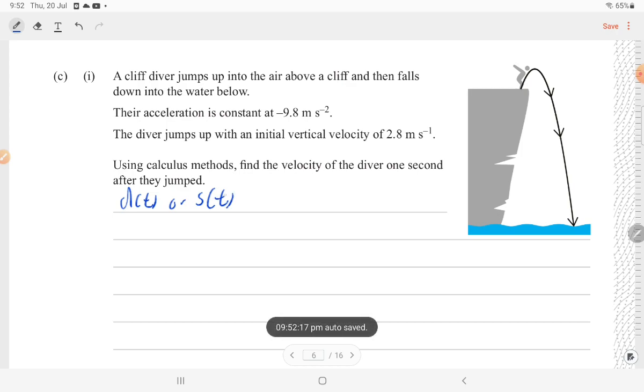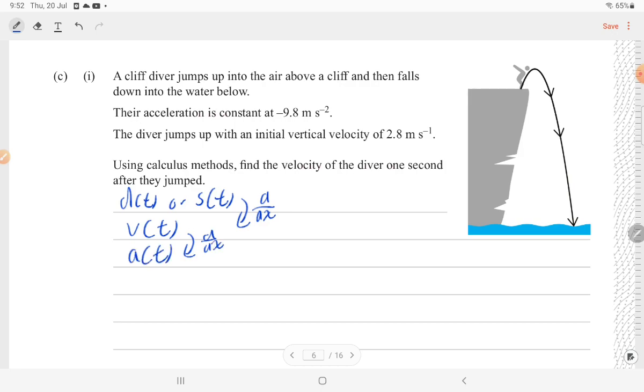If we take the derivative, we get the velocity, then if we take the derivative again, we have the acceleration. Inversely, if we take the integral, if we anti-differentiate, we get velocity, and then if we anti-differentiate again, we get the displacement.